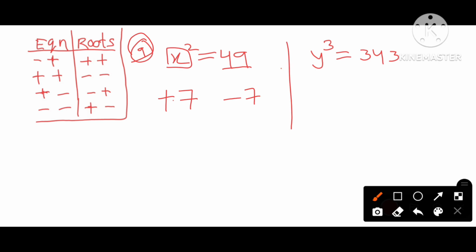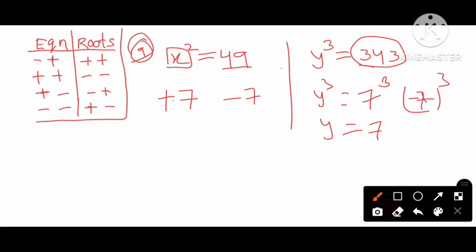Let's see the equation for y. We get y cube equals 343. 7 cube value is 343, so the y value will be 7. Here we don't get minus 7, because if we take y as minus 7, whole cube, the value will be minus 343, not plus 343.